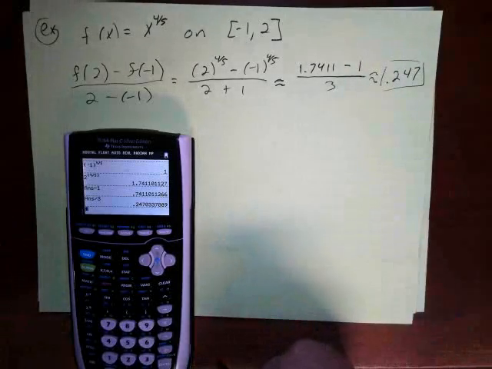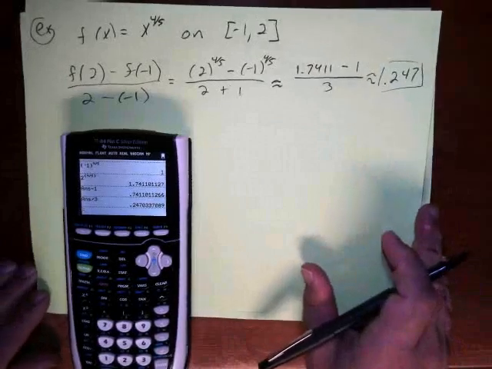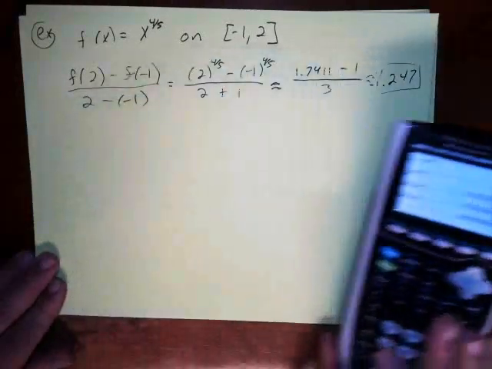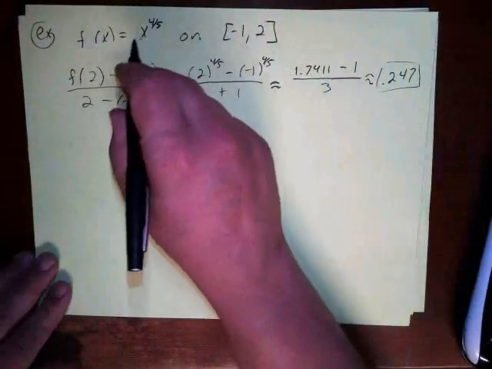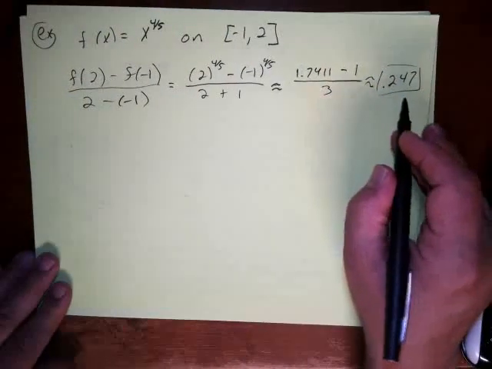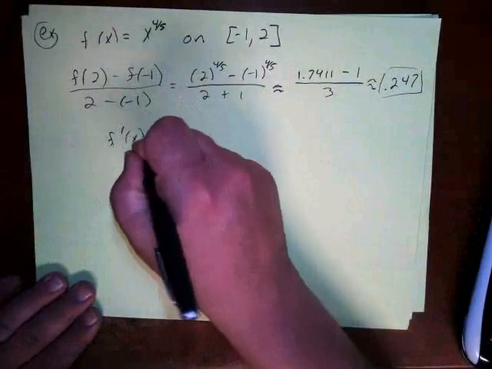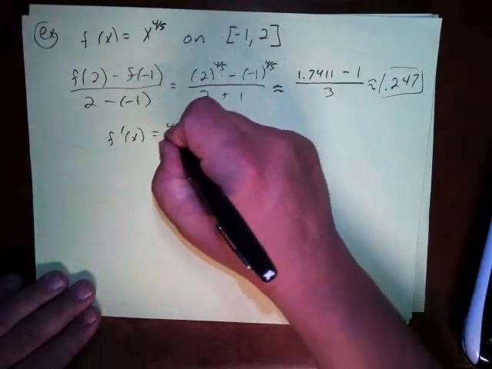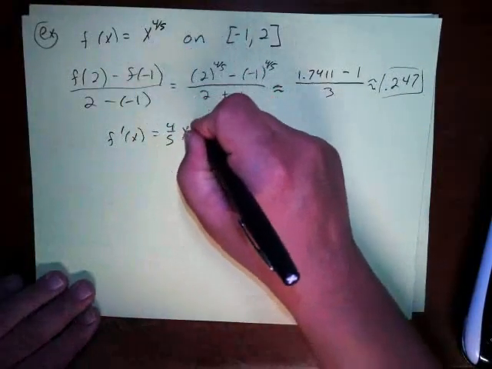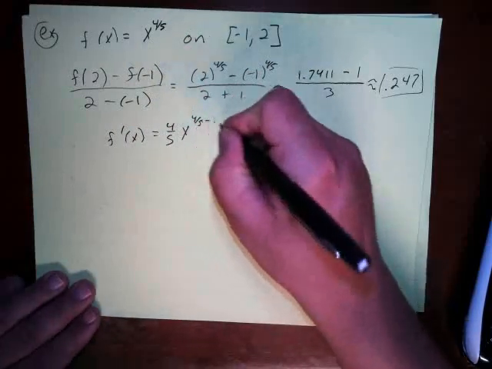0.247. Okay, so what I want to do is find the place where this derivative is equal to this average rate of change of the function. So let me find the derivative first. I'm going to bring down the 4/5, and then I get x to the 4/5 minus 1.